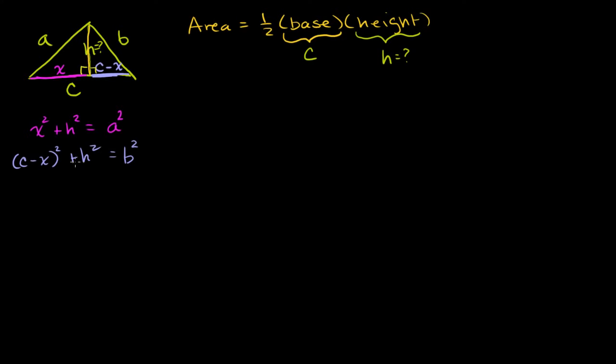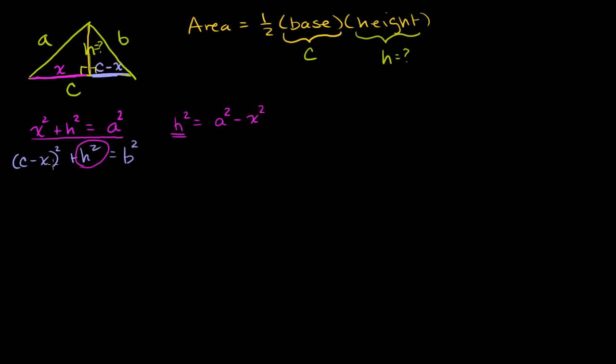Well, let's substitute for h to figure out x. And when I say that, I mean let's solve for h squared here. If we solve for h squared, we just subtract x squared from both sides. We can write that h squared is equal to a squared minus x squared. And then we could take this information and substitute it over here for h squared.